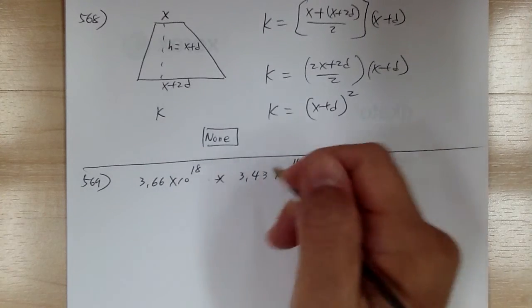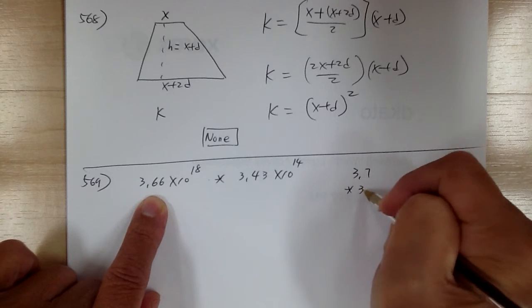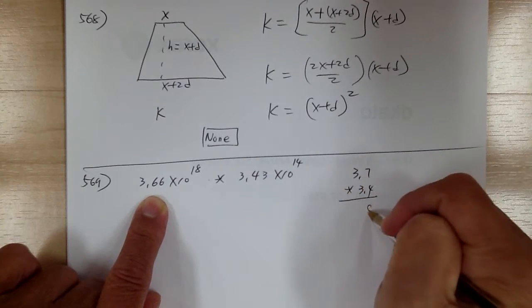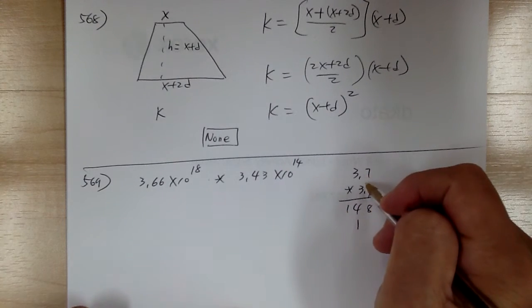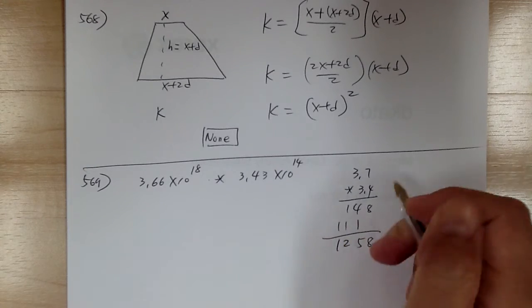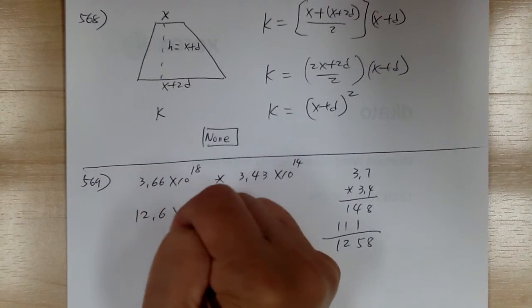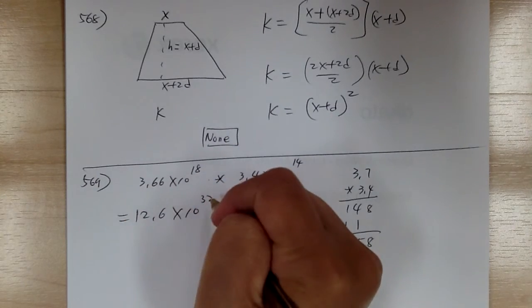You can do it manually. You can just do 3.7 times 3.4, so you end up with 12.6 times 10 to the 32.